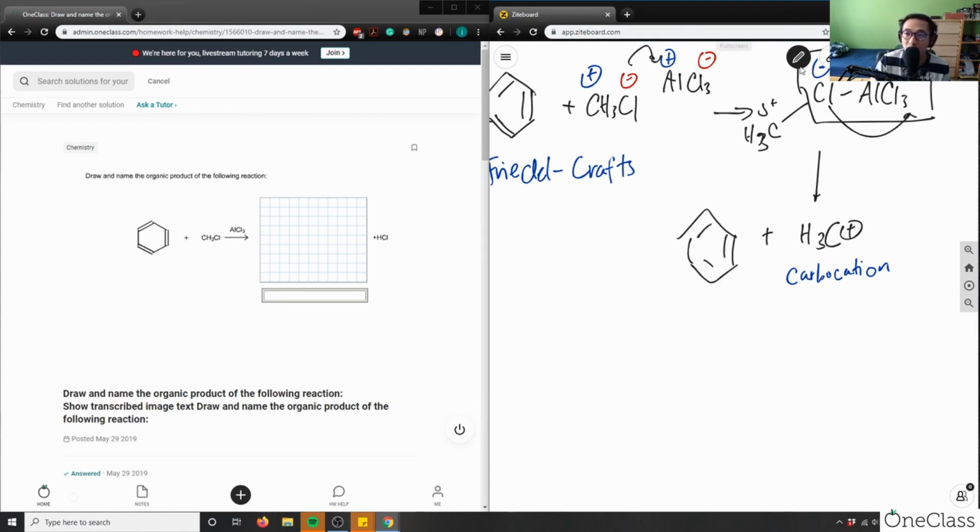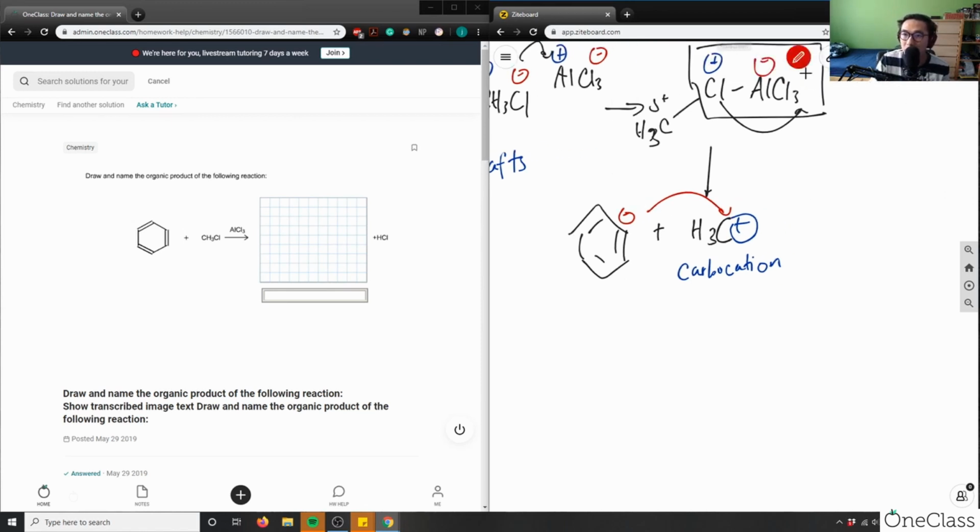The benzene is electron rich, so you can think of it as negatively charged. It's going to attack this, and finally make my product, which is benzene with a methyl group here.